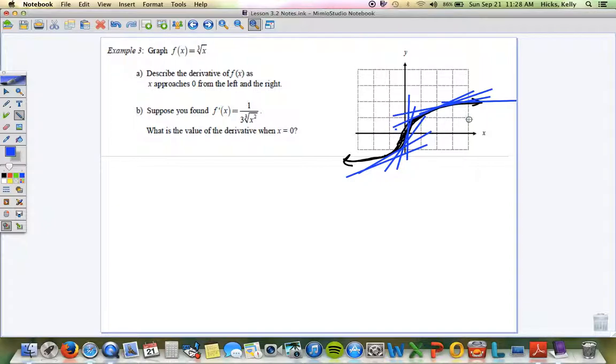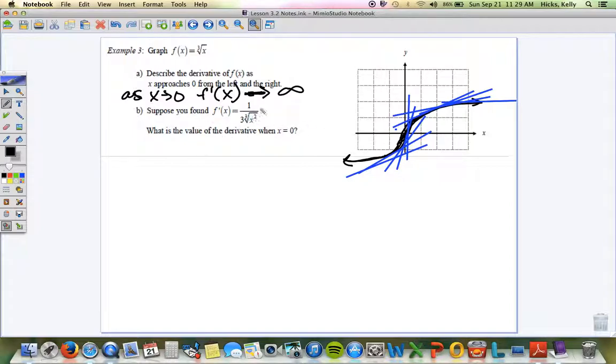Do you recognize that the tangent line is approaching a vertical tangent line? Do you recognize that hopefully at that place when you have a vertical tangent line, the derivative does not exist? I would write as x approaches 0, from the right or the left, the derivative is approaching infinity. It's a vertical tangent line.